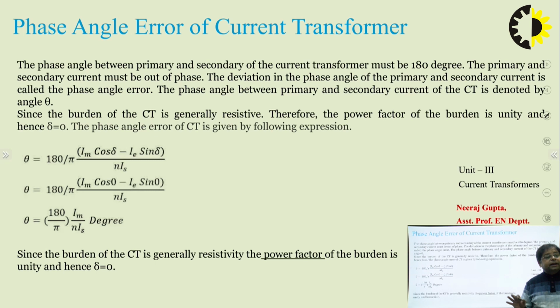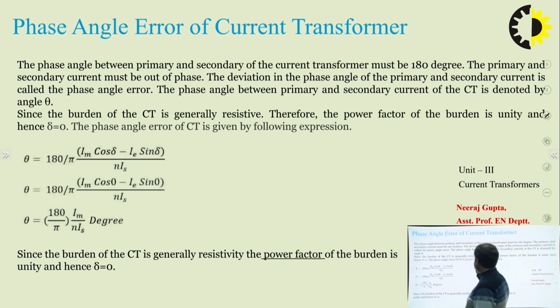These are not in 180 degree phase opposition. This is the theoretically ideal situation, but the deviation from that gives you a phase angle error. The phase angle between primary and secondary current of the CT is denoted by this angle theta.